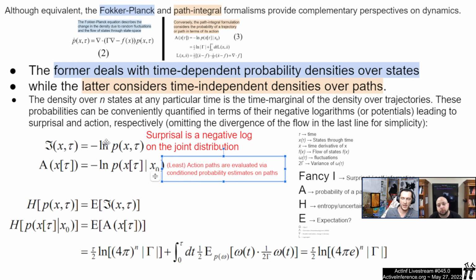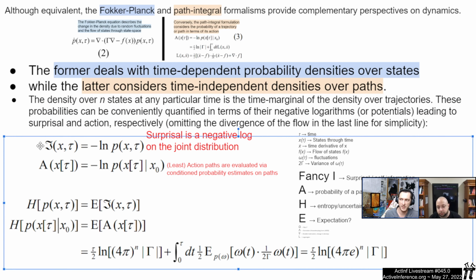So we'll explore the formalisms more, but just to note that the fancy I, the fraktur I, is the joint distribution, and it is going to be a negative log on the joint distribution P. And then similarly, A, the action, is going to be on those same variables in a slightly different way, looking like a surprisal conditioned upon X sub 0, the starting conditions. We're going to go into more detail in the coming weeks. Any more comments on section 2, or we'll continue to 3?